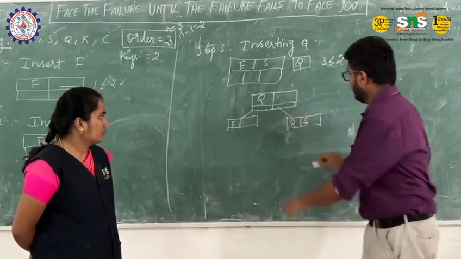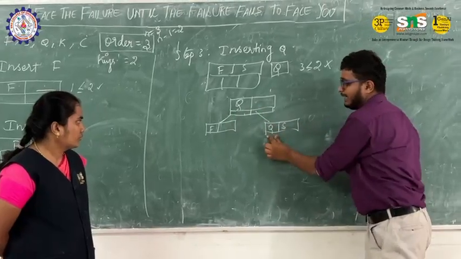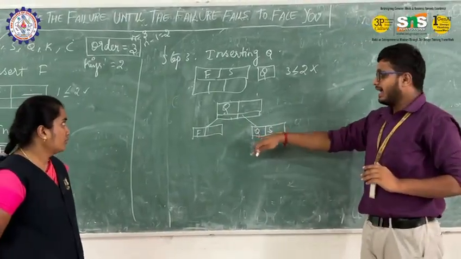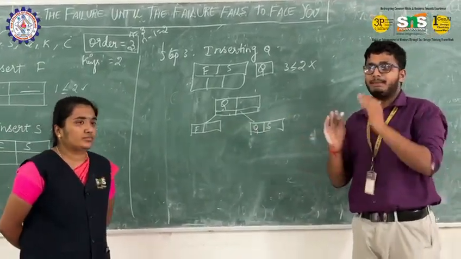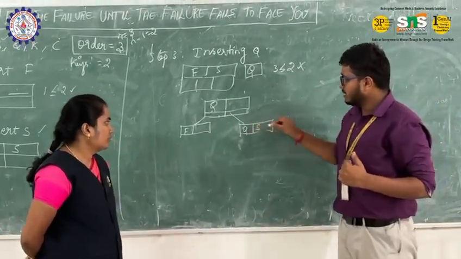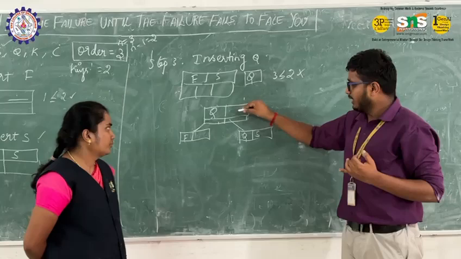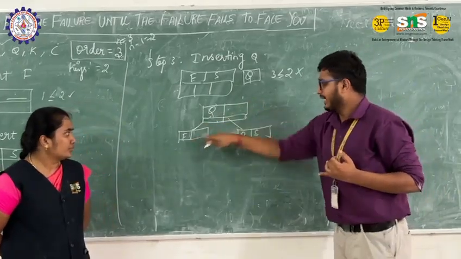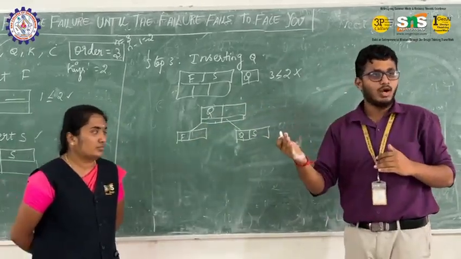Here the root node is reflected in the right pointer. As we see in the B+ tree, the parent node will be reflected in the leaf node. So it also follows that condition, and all 3 elements are inserted without violating the order property.